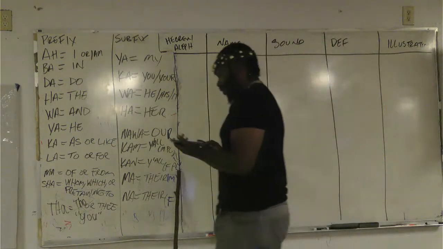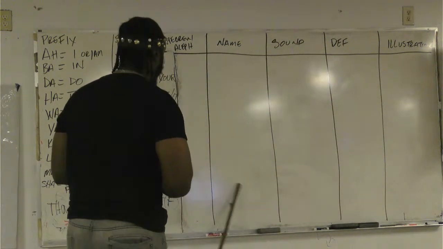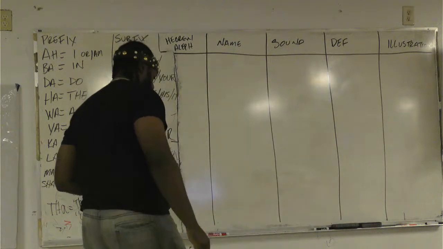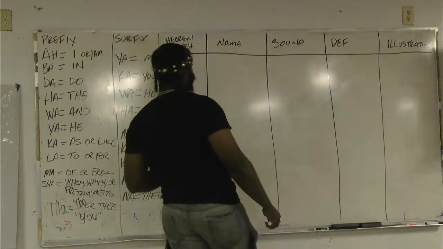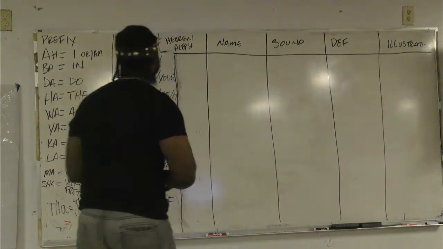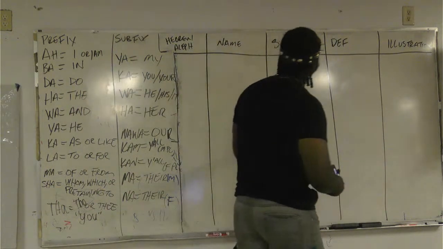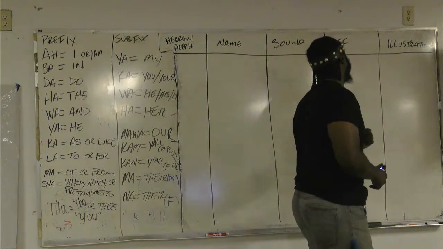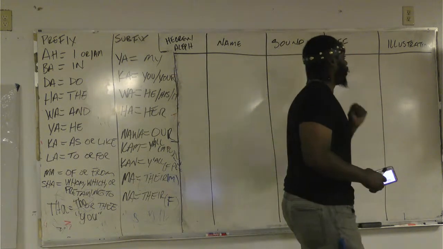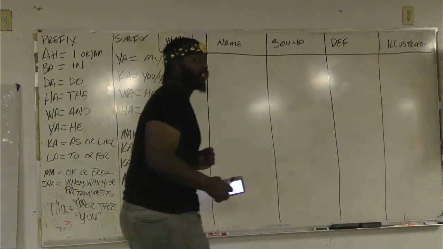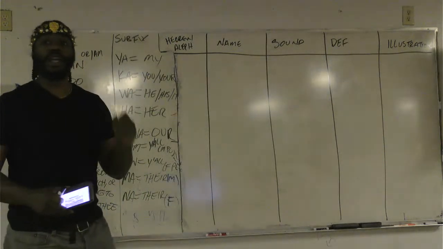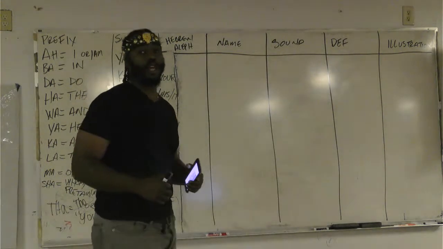All right. So our chart is going to be broken down into five sections. So you're going to have the Hebrew alphabet, the actual name of the alphabet, the sound the alphabet makes, the definition, and the illustration from which the alphabet came, to give you an understanding.